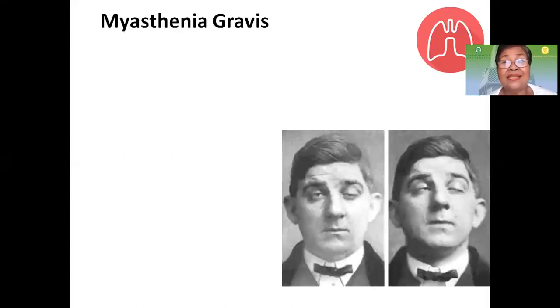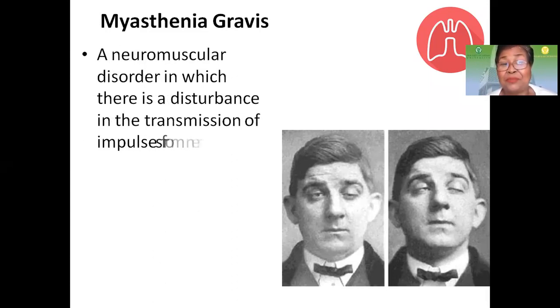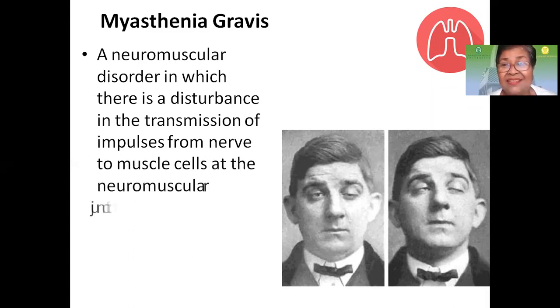With this next condition, we will not go into the details of this because this is just to show you that myasthenia gravis is a condition, a neuromuscular disorder wherein there's disturbance in the transmission of impulses from nerve to the muscle at the neuromuscular junction.